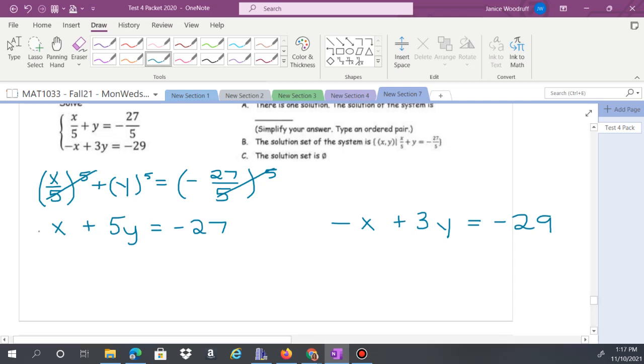So if I look at these, I look at my first equation, I have x plus 5y equals negative 27. This x is by itself. So what I'm going to do here is I'm going to subtract the 5y, and I'm going to get x by itself. So I get x equals negative 5y minus 27.